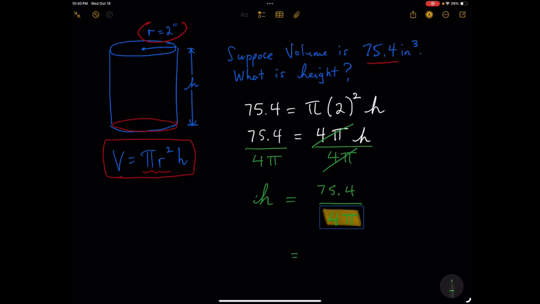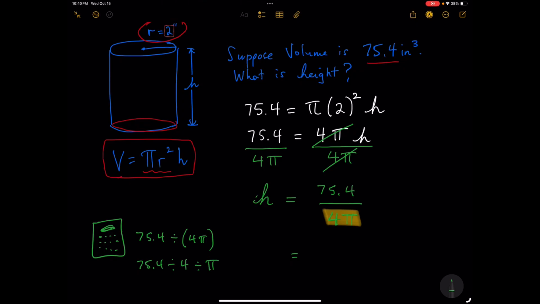So a few tips on the calculator here. The way to type it in. One is 75.4 divided by bracket 4 pi. Okay, that'd be one option. Another one would be 75.4 divided by 4, and get that answer, and then divide again by pi.